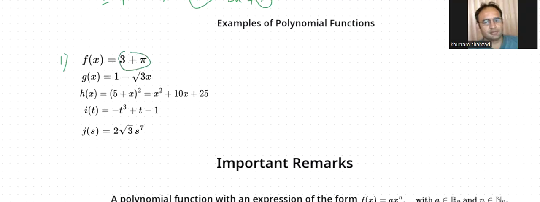So this polynomial has degree 0. Degree 0 polynomial. So this is another example of a polynomial, 1 minus square root of 3 x. Here the exponent of x is 1. So it means that the degree of this polynomial is equal to 1.